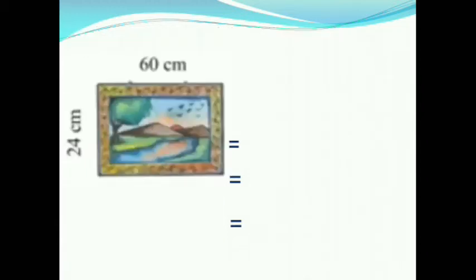Now we should find out the perimeter of this picture. Children, see this picture. Which shape is this? Yes, it is in rectangular shape. Which formula we can use for the perimeter of a rectangle? Yes, 2L plus 2B.